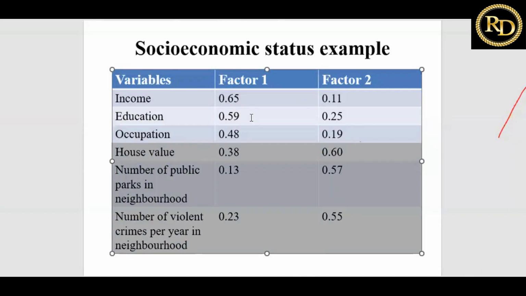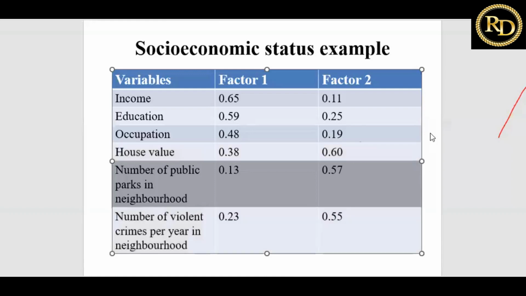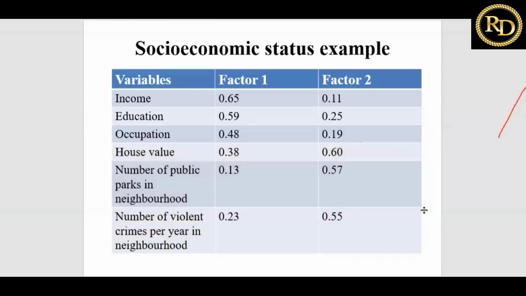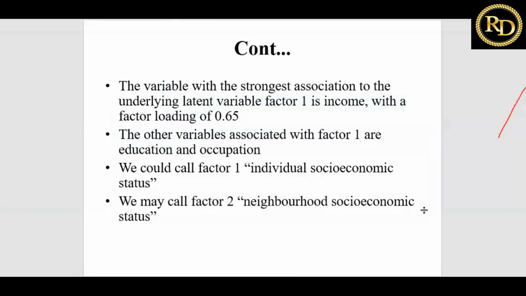Now as you are the researchers, you can put the name of these factors. It can be anything which can talk about the combination of all three variables. Some of you are asking what name is required.